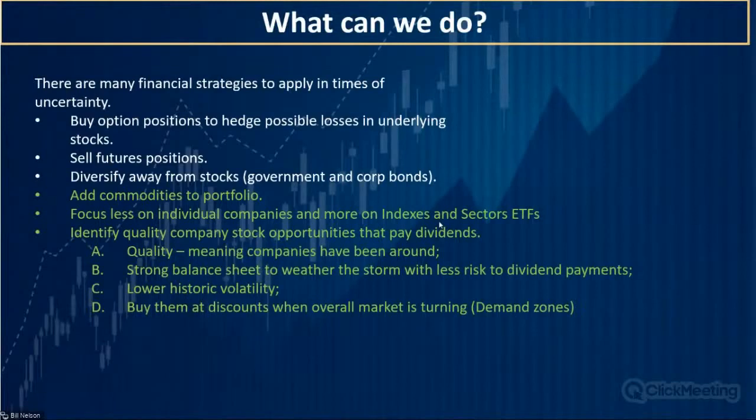When we are day trading, when we are looking for a more short-term opportunity, we are looking at a vastly greater number of stocks that will meet that criteria. And the one thing we do here at Pinnacle is we look to buy them at discounts. And the only way we can do that is if the overall market is turning, making a leg lower, including the individual stocks that make up the stock market.